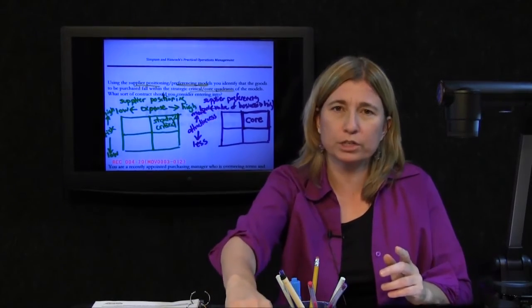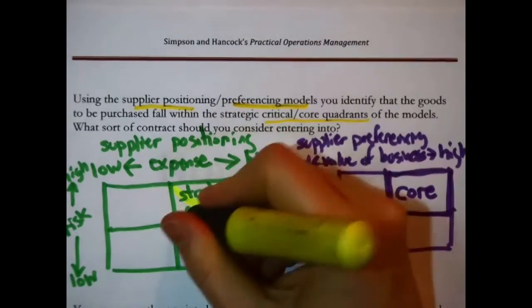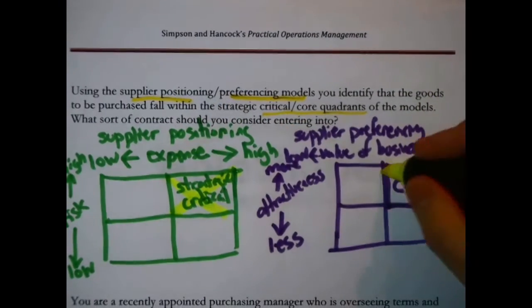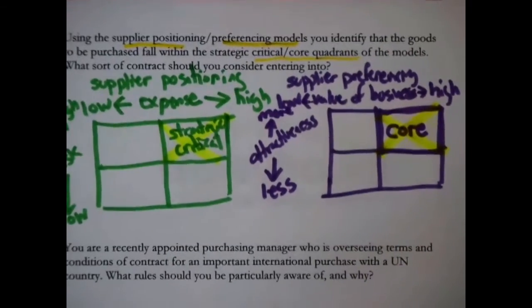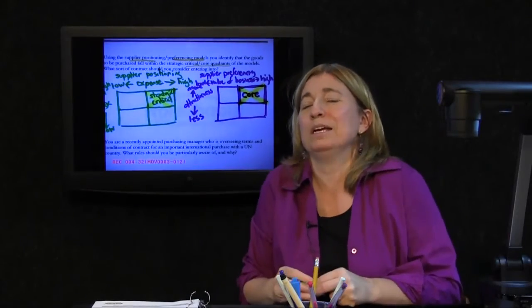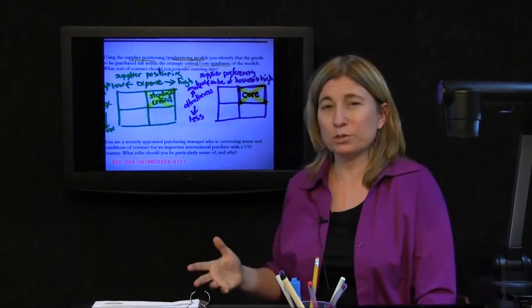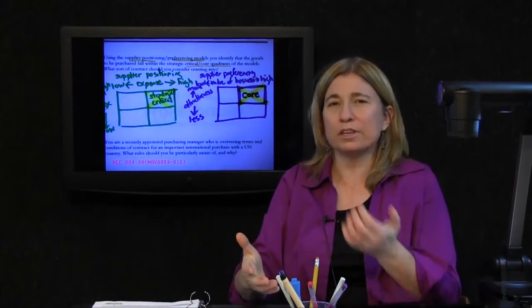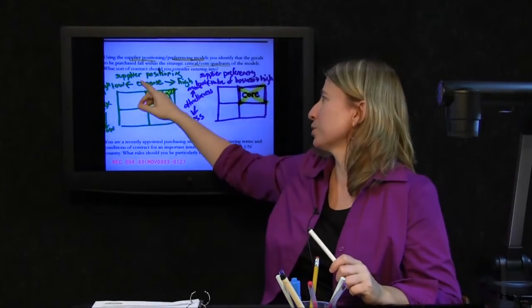Now, what the question is saying is that for some purchasing decision, you've decided that the category and who you're looking at both fall solidly in that area. What's this supposed to mean, right? Based on that diagnosis, so to speak, what do you do with that information? Yes, you can actually answer this question in a few words.